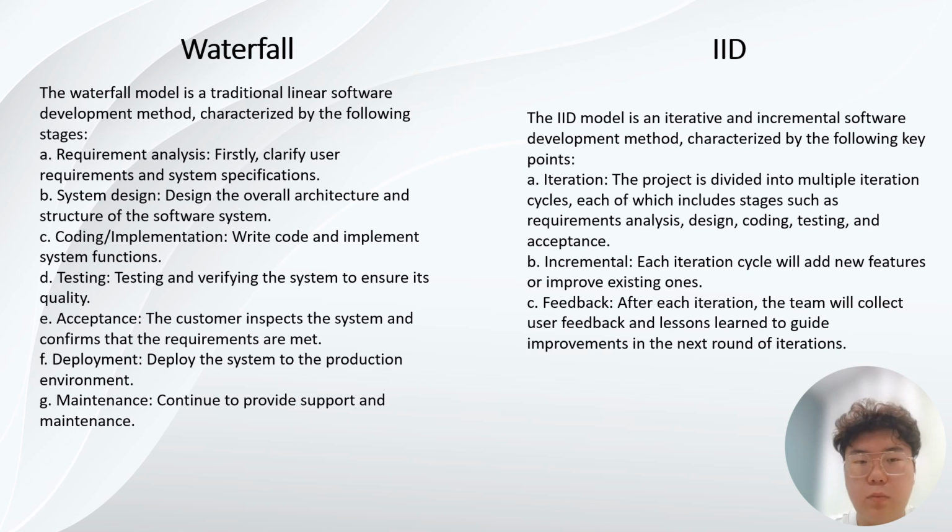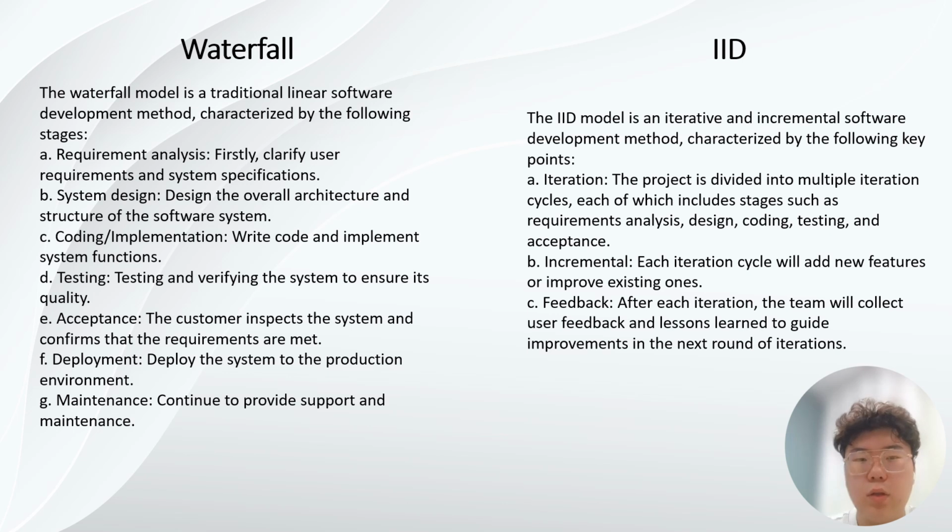The IID model is an iterative and incremental software development method characterized by the following key points. Iteration. The project is divided into multiple iteration cycles, each of which includes stages such as requirements analysis, design, coding, testing, and acceptance.